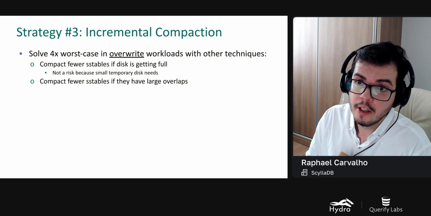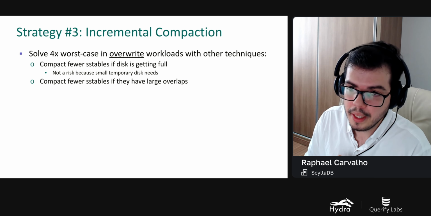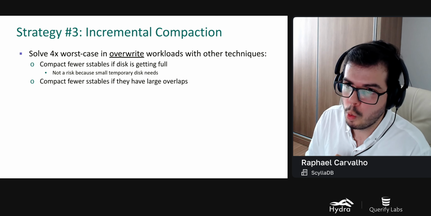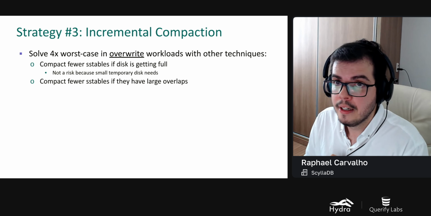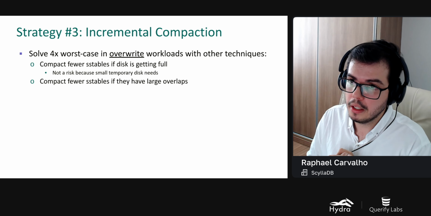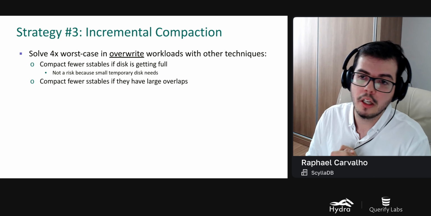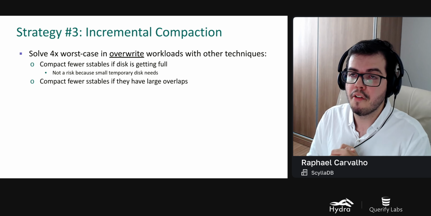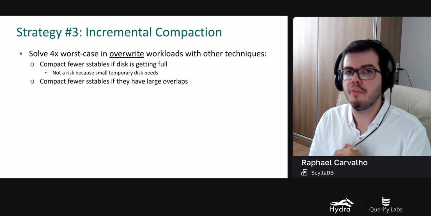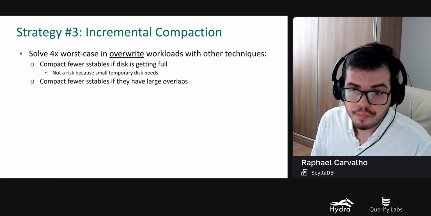Instead, it's a new option for users that want something in between, that don't want to suffer with the write amplification of level, but still want to have a good read and space amplification, not as good as level policy, but much better than the space and read amplification that the tiered policy can provide for overwrite intensive workloads.